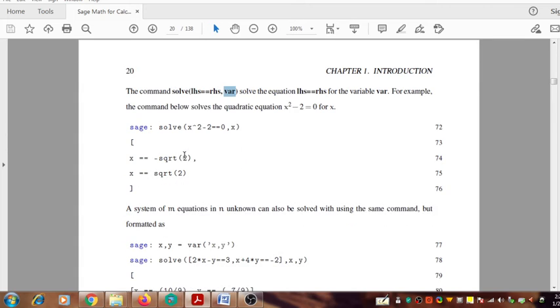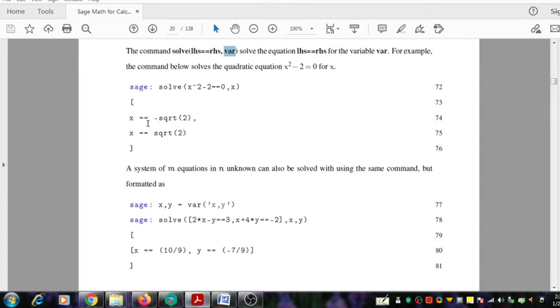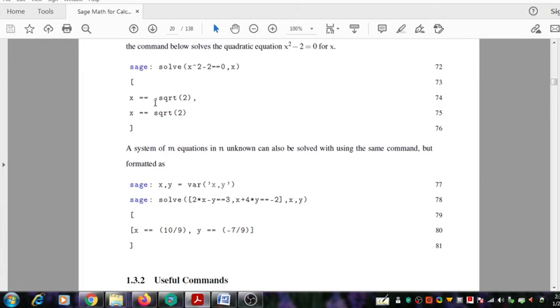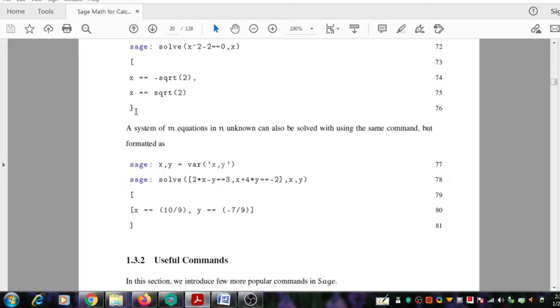Another example is given here: solve(x^2 - 2 == 0, x). The output will be x equal to minus square root of 2, and there is another value for x, that is x equal to plus square root of 2.